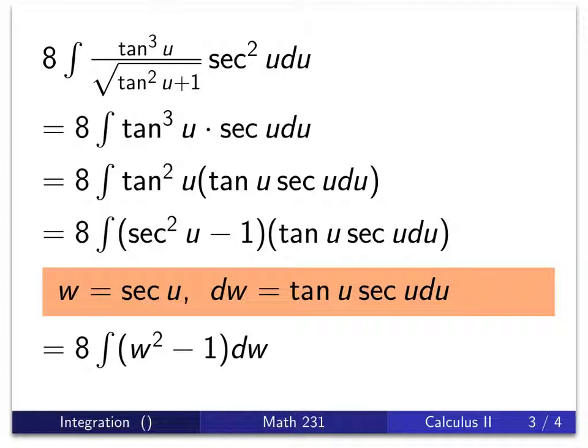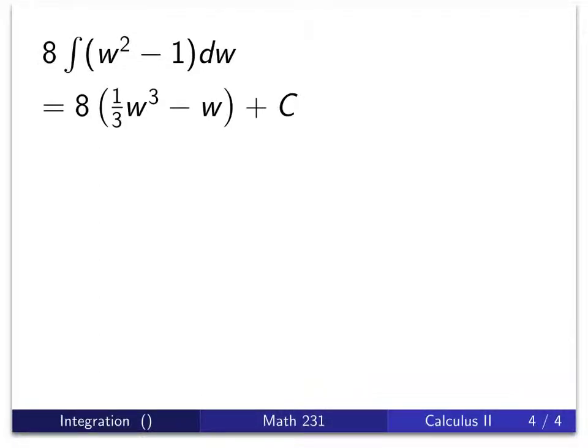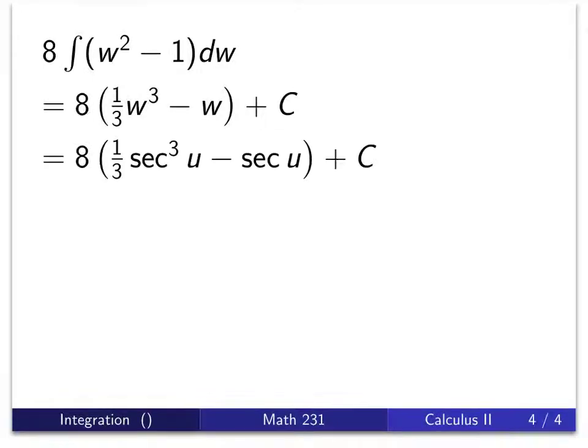This is a straightforward polynomial integral. So the integral of w squared is 1/3 w cubed, we subtract w, and we don't want to forget our little constant there. And now, here comes the fun part, substituting all the way back to x. Remember that w was equal to the secant of u.